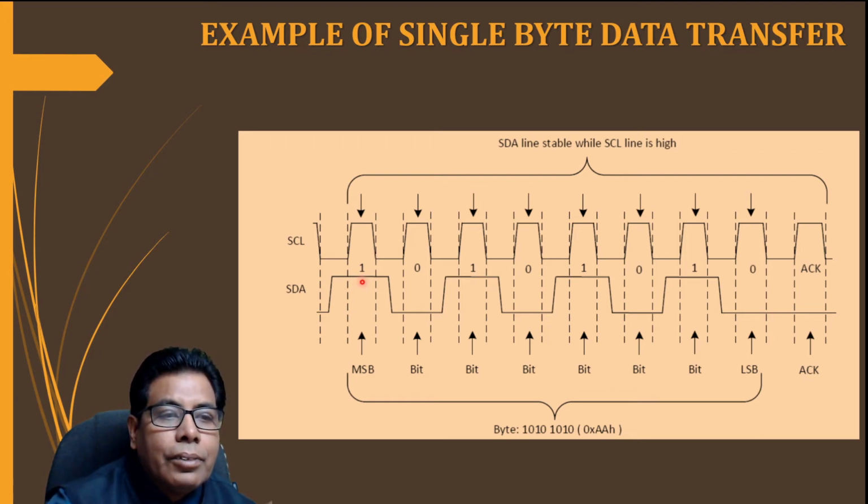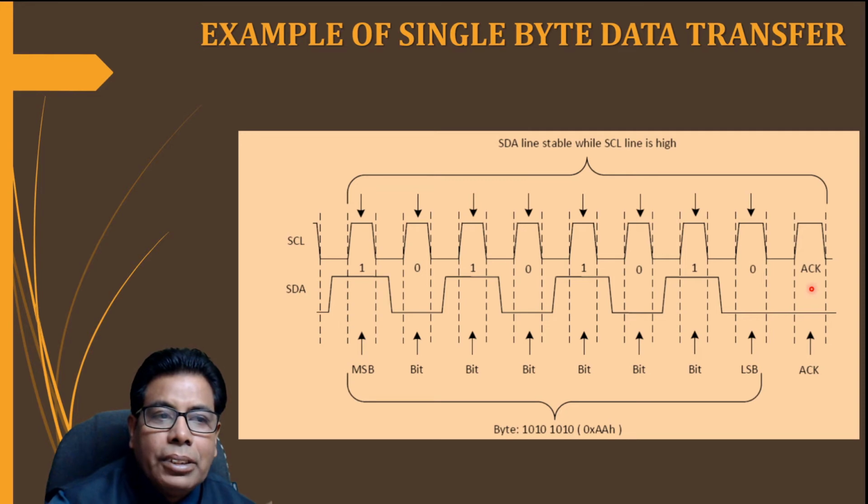This is the MSB 1, then we have 0 1 0, that is A, and then we have 1 0 1 0, that is again A. The last is the LSB, and once 8 bits of data are completed, we have the acknowledgement.